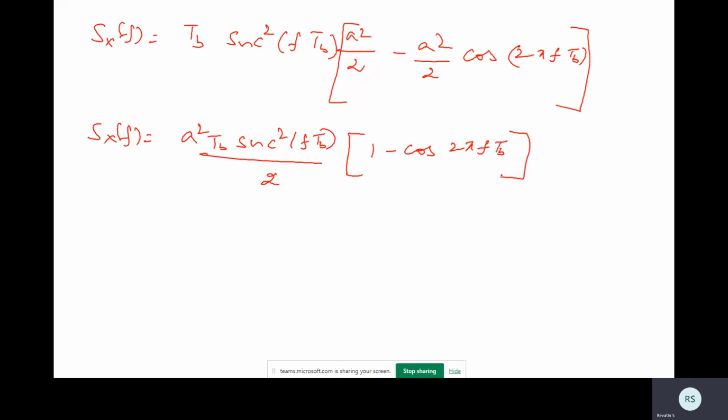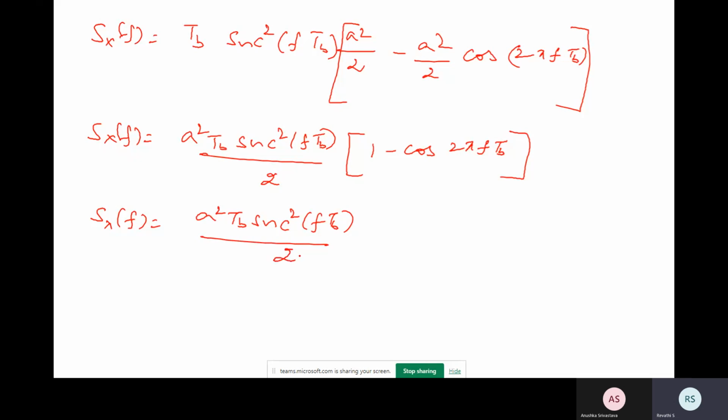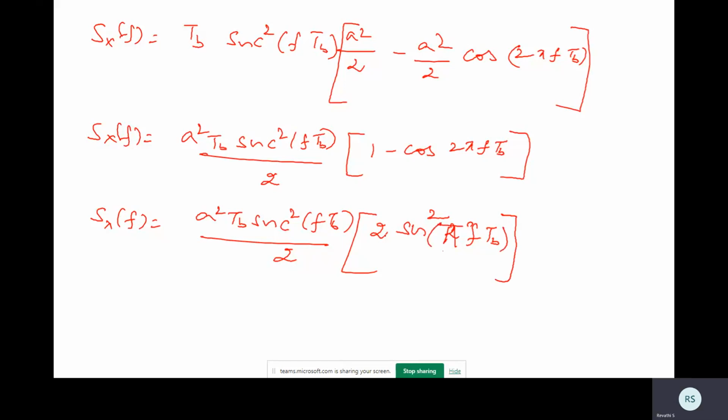So accordingly you can minimize this one. So this can be written as this factor tb sinc square of ftb by 2. This you can write as 2 sine square pi ftb.